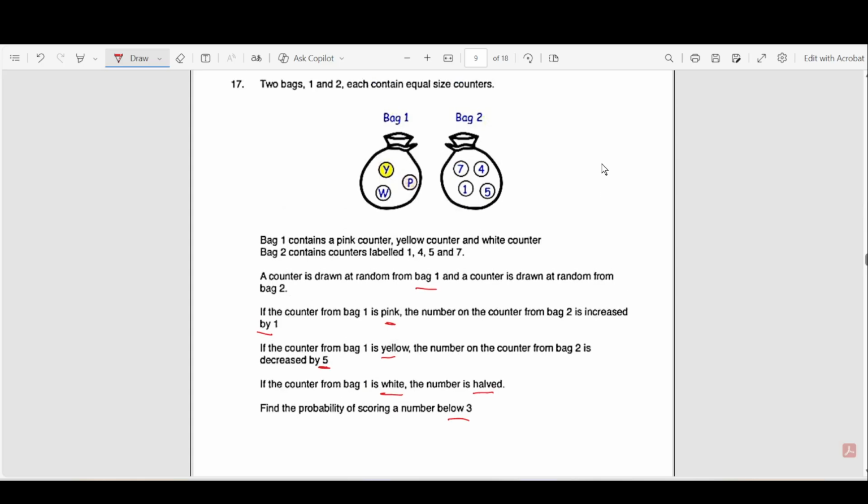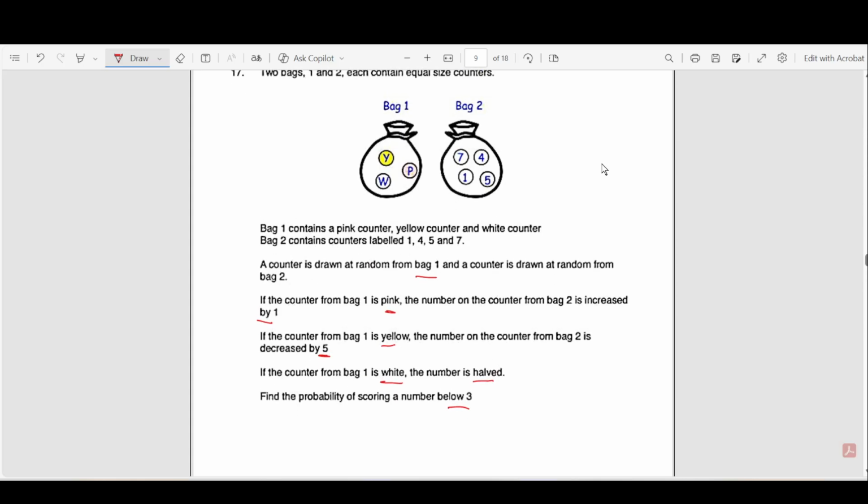Okay, so basically we need to check all possible outcomes. There are three possible outcomes from bag 1, three colors, and four possible outcomes from bag 2.